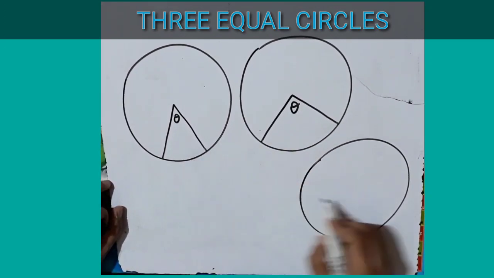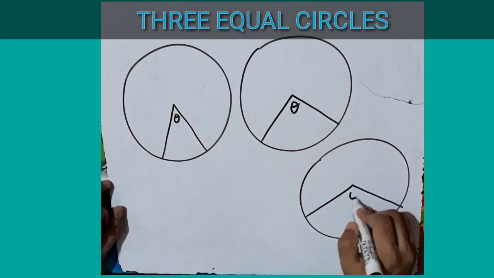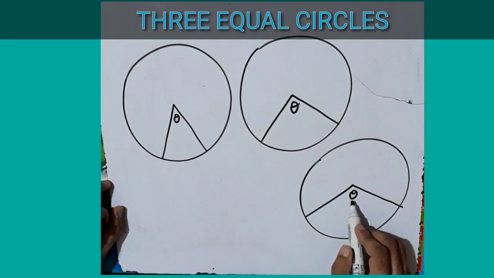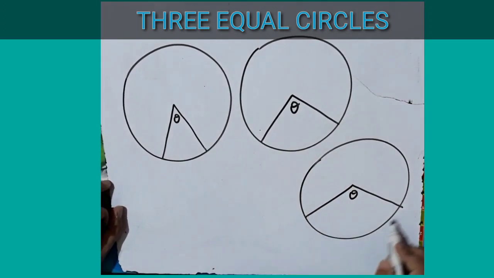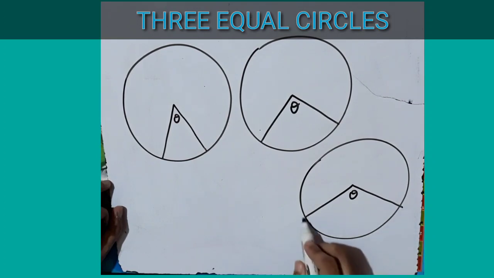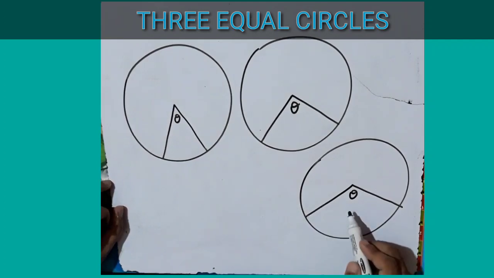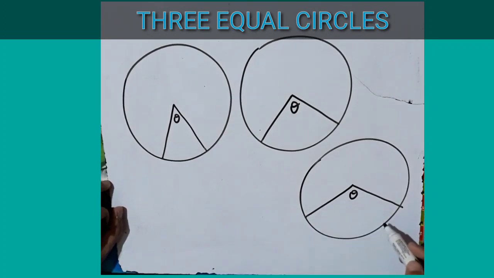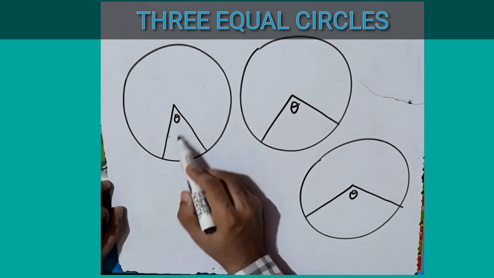Now I am drawing one more sector whose central angle theta is more than these two. So the length of the arc in this sector will be more than this one and this one, and so will be the size of the sector. In this figure, the sector is the smallest.